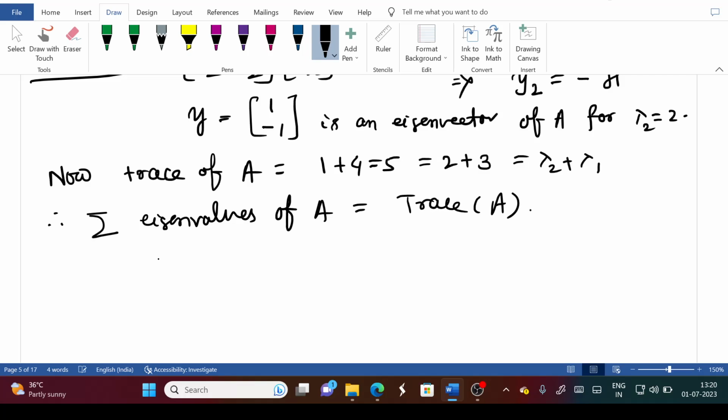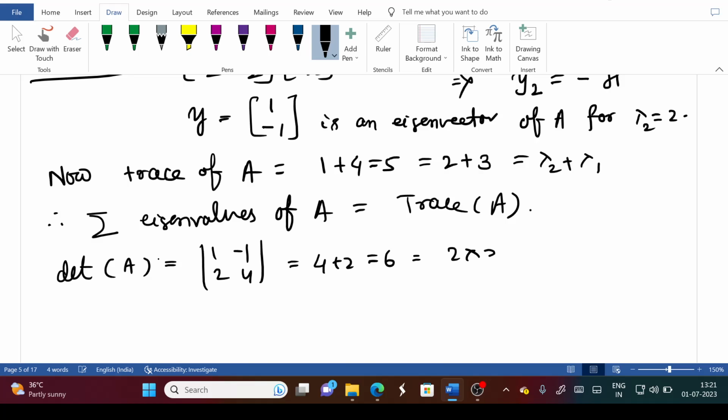This is being obtained. Similarly, what about the determinant? The determinant of A is nothing but the determinant of [1, -1; 2, 4]. So 4 plus 2, that is 6, which is equal to 2 into 3, that is lambda 2 into lambda 1.